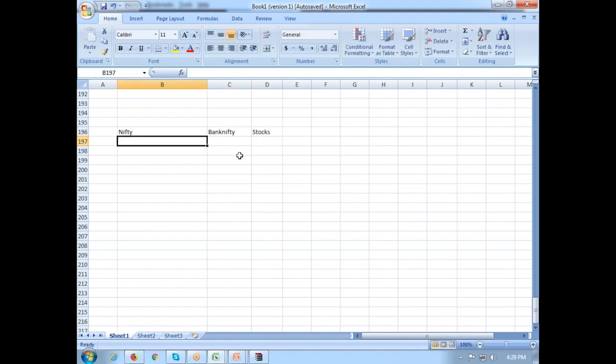There are 3 categories: Nifty, monthly, half yearly, और annual की कॉन्ट्रैक्ट्स हैं. यहाँ पे हैं वीकलीज एंड मंथली, एंड यहाँ पे सिर्फ मंथली ऑप्शंस हैं.